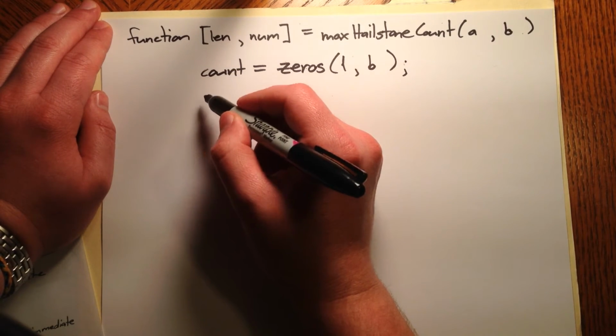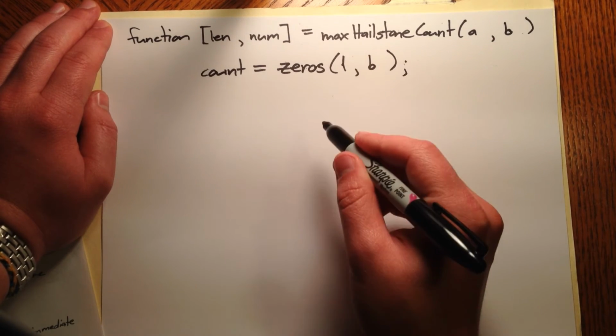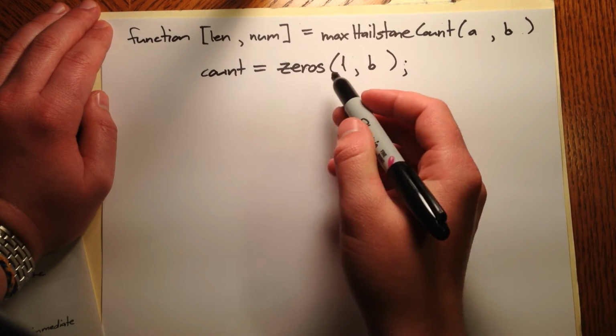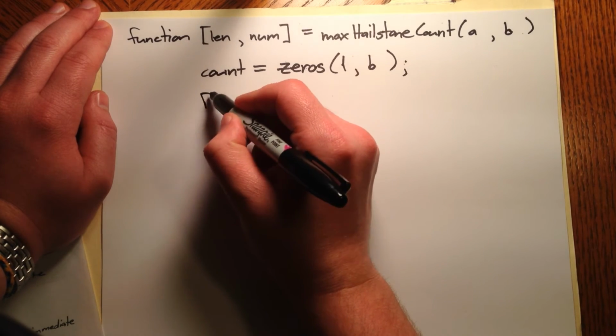And in order to go through each value and do something to that, we're going to need some sort of a loop. And since we know where it starts and where it should end, best thing to do is a for loop.